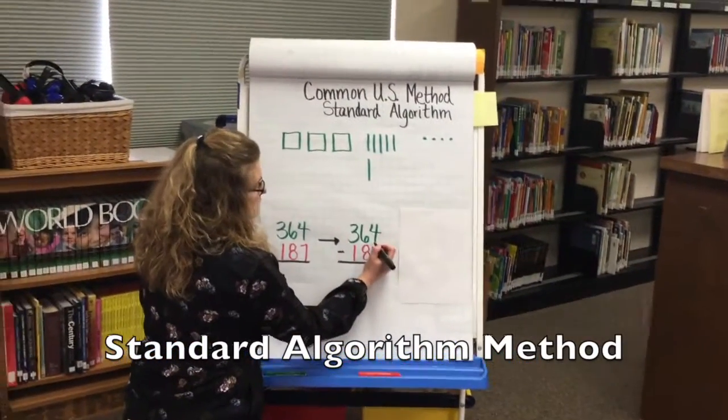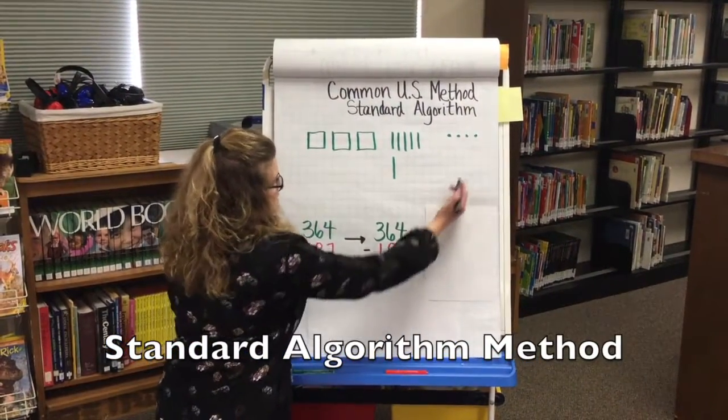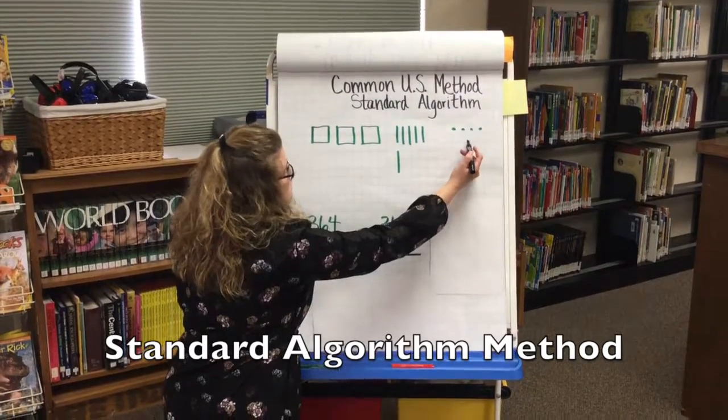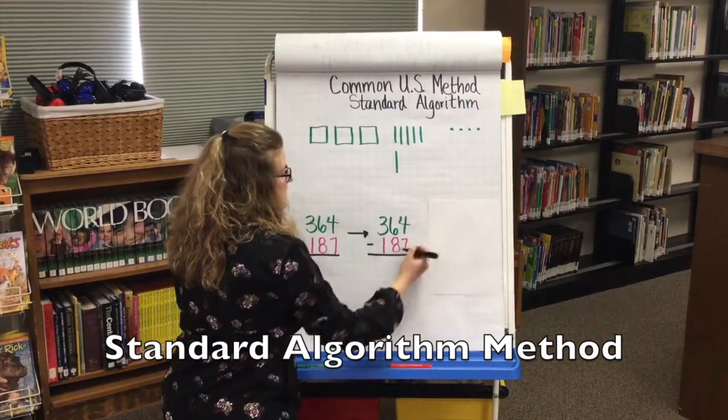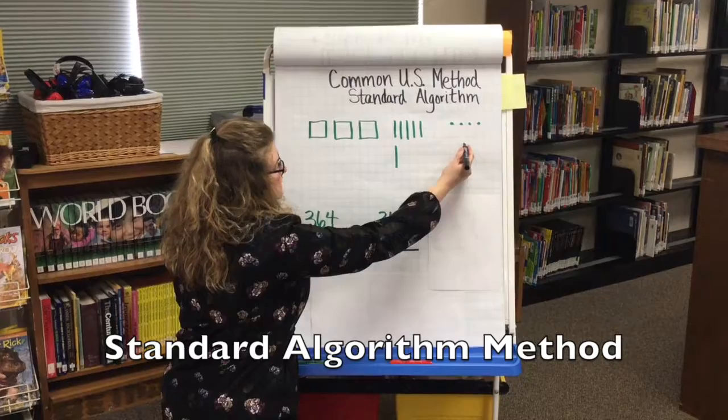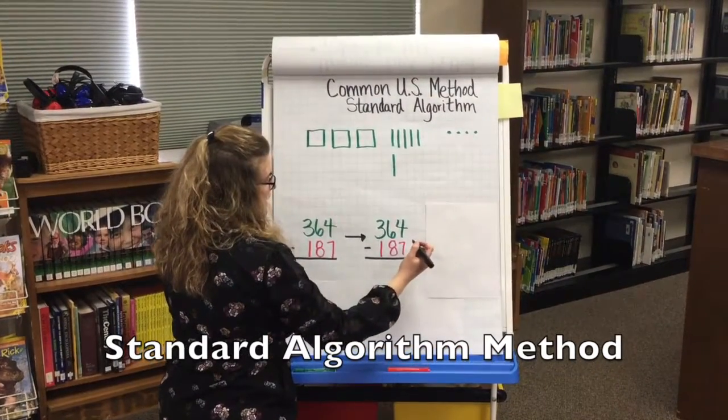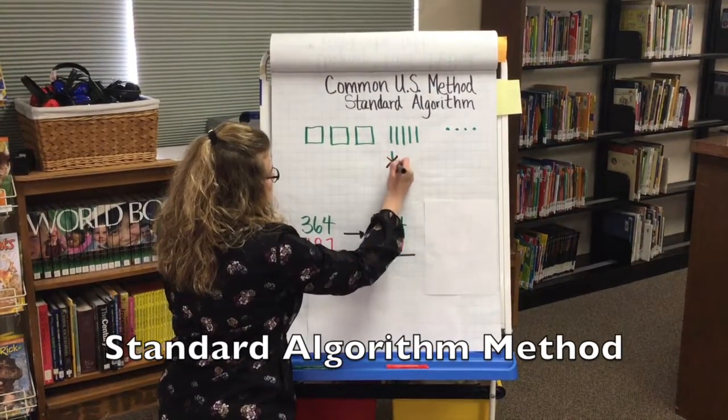I look at my ones and ask myself if I can take 7 away. If I have enough for 7 to be taken away from that, I do not. I need to ungroup a 10.